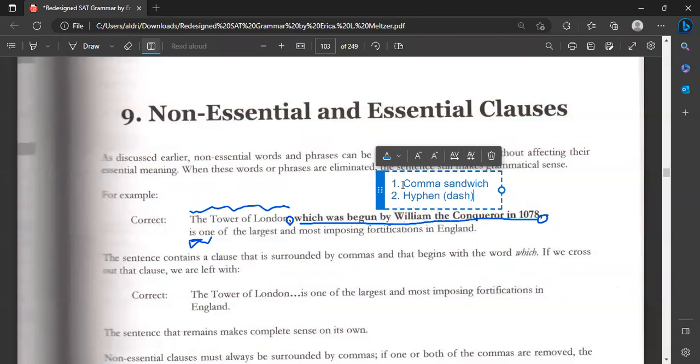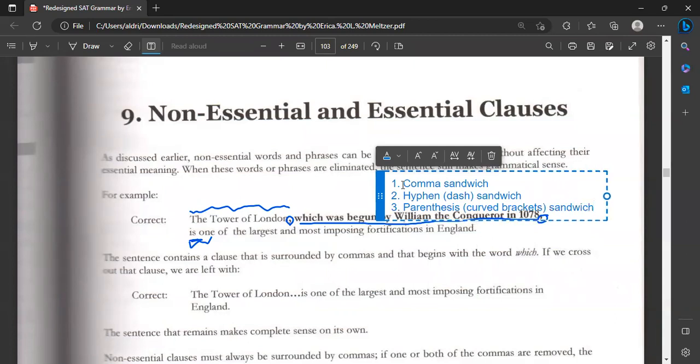Does anyone know what the third way would be? Parentheses. You're on fire, right? So parentheses, or the curved brackets. They're all just sandwiches.